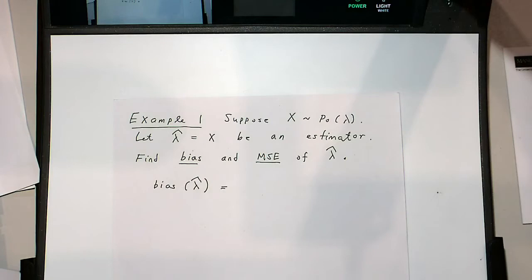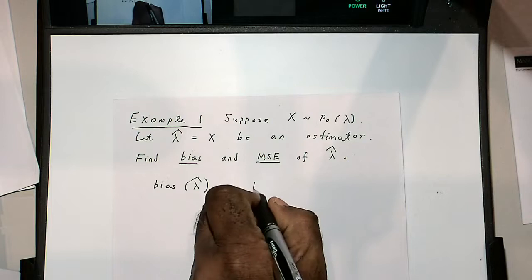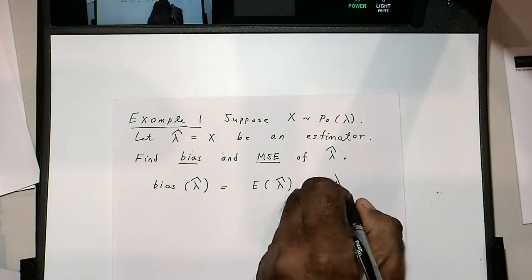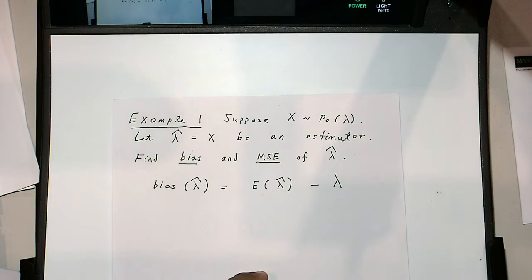Remember, the bias is defined as, let me go back to the notes. This is the definition of bias, right? The bias is defined as the expectation of lambda hat minus lambda.